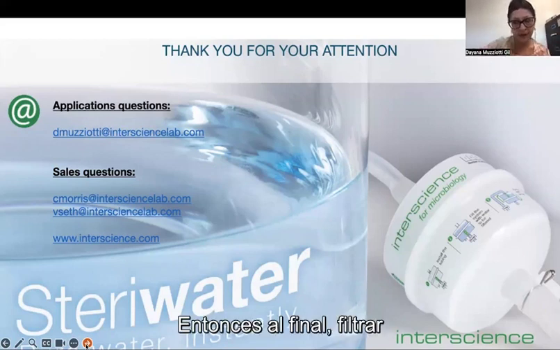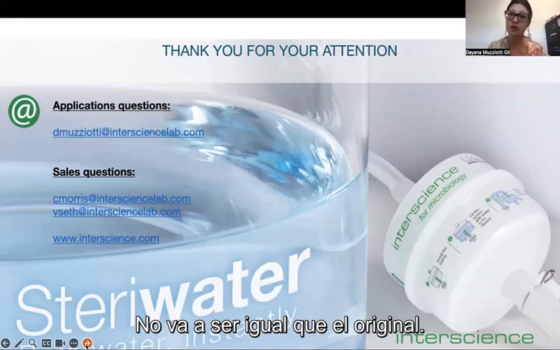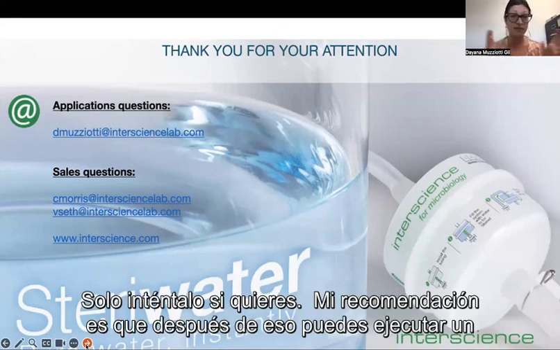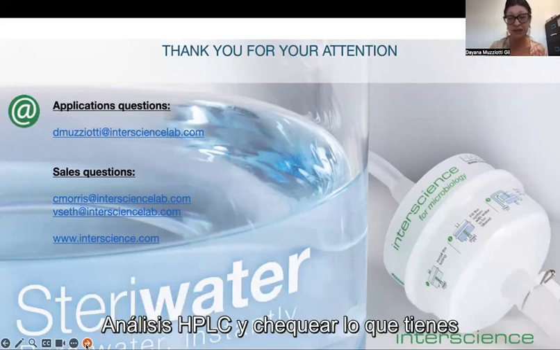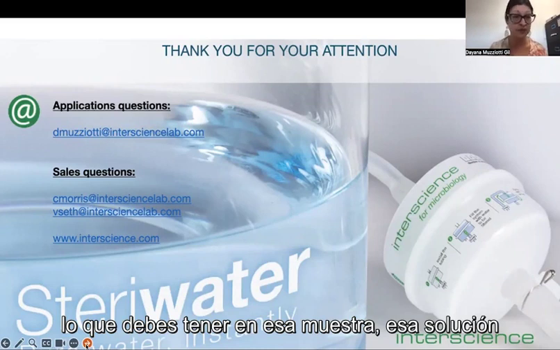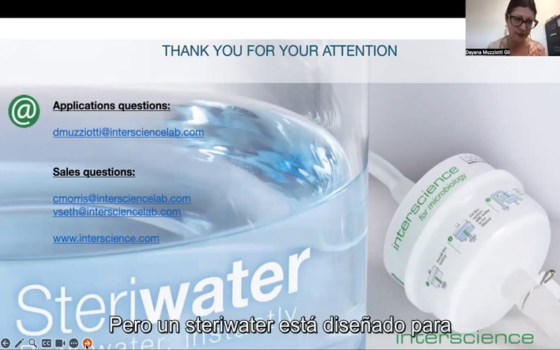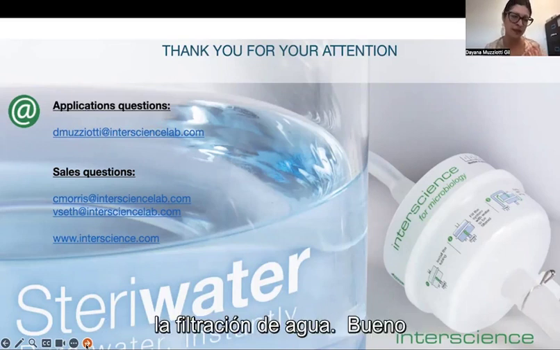So your final filtrate, the one that passed through the steady water, is not going to be the same as the original. So just try if you want to. My recommendation is to run an HPLC analysis afterwards and check that you have what you should have in that solution. But steady water is designed for the filtration of water, okay?